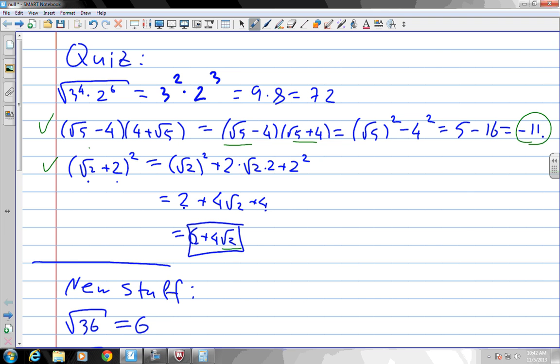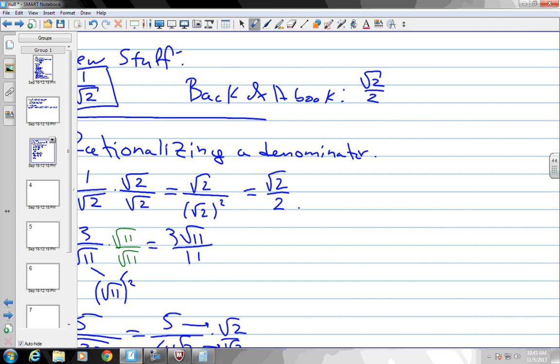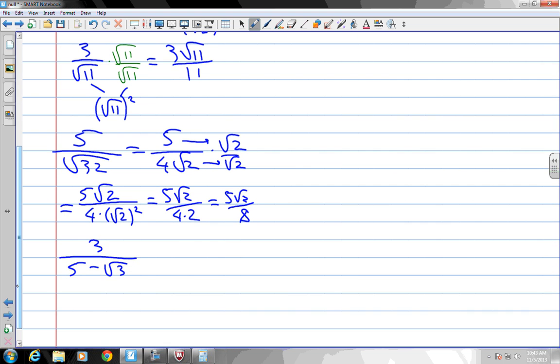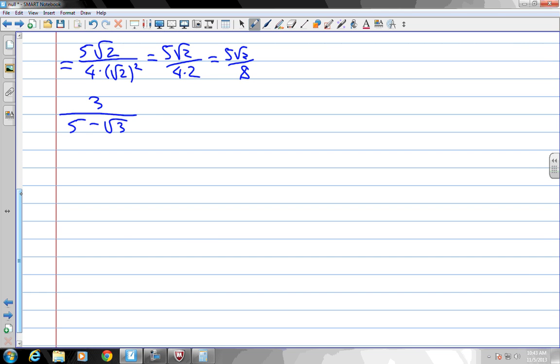So when you have an expression that has two terms, one of which is a radical, then the only way to get rid of that is to use the conjugate trick, is to actually multiply by 5 plus square root of 3 over 5 plus square root of 3. So this will utilize the difference of squares formula, and it will get rid of the square root in the denominator.